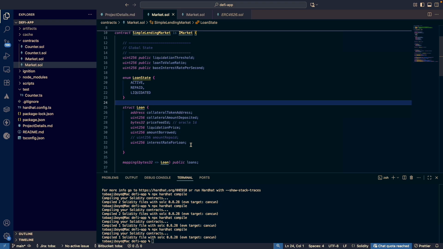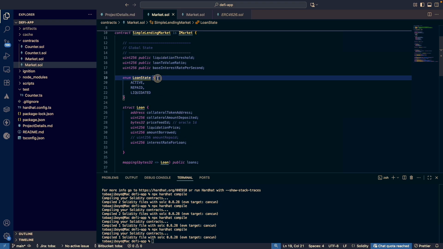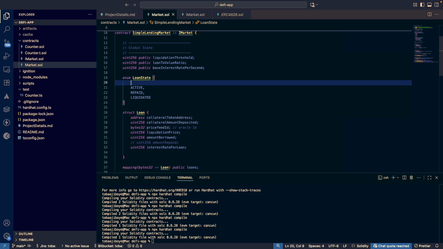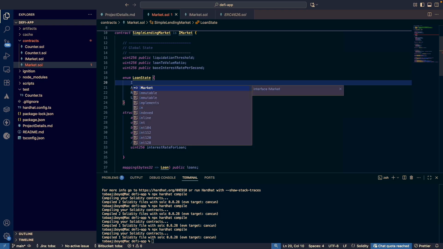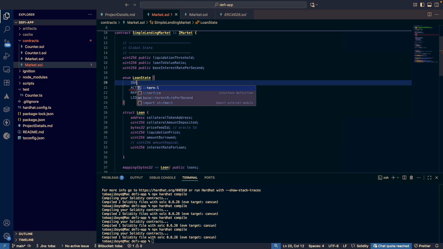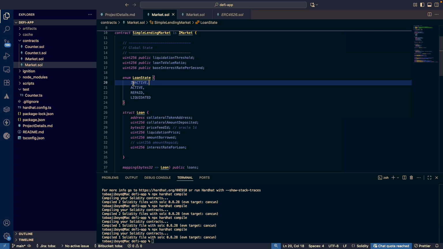We need to know. Actually, there is a fourth state: inactive. Before you take a loan, this is the default state. It's going to be inactive. But unfortunately, I don't think you can set a default state.